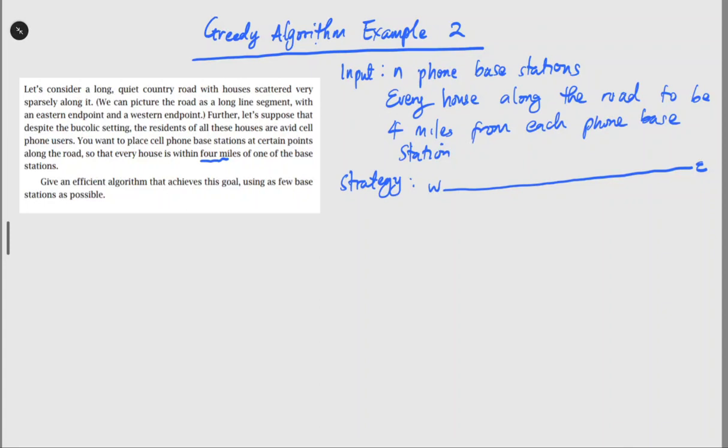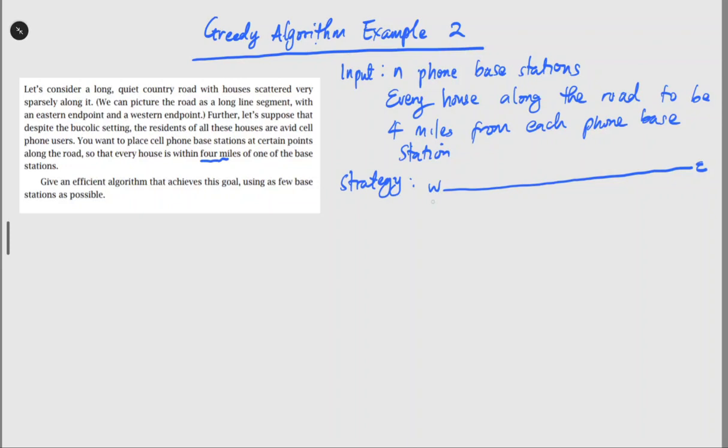Now, I'm going to sort the houses along this road, starting from this west end according to their positions. Let's say that H denotes the first house at the west end.